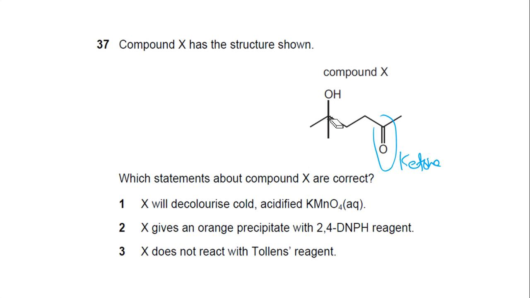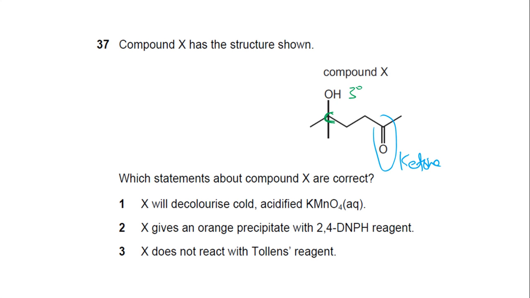But which kind of alcohol is it? It's very important to always note that down. This carbon is not attached to any hydrogen, but rather to 3 carbons. If that is the case, then this alcohol is a tertiary alcohol.